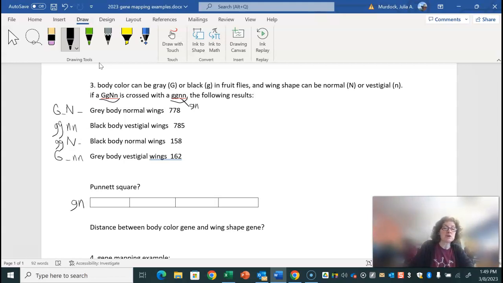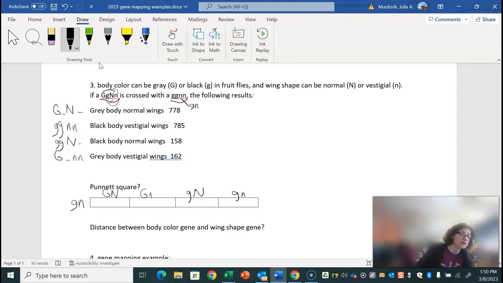And this individual, if we FOIL, you get big G, big N, big G, little n, little g, big N, and little g, little n. And I didn't draw 16 boxes. You don't need to, because this one only makes one type of gamete. So you should actually get a 1:1:1:1 ratio here.